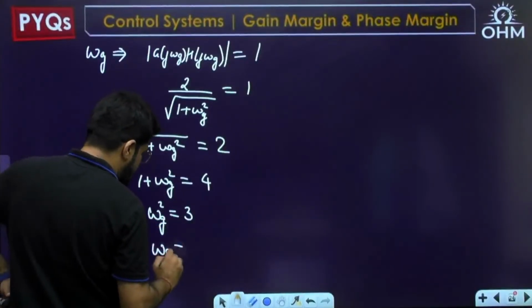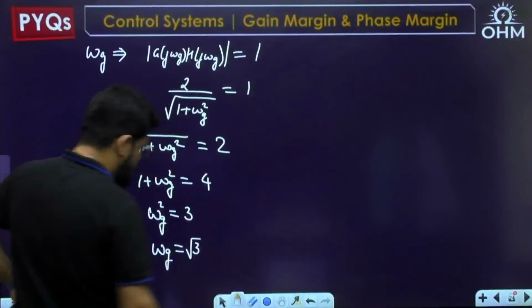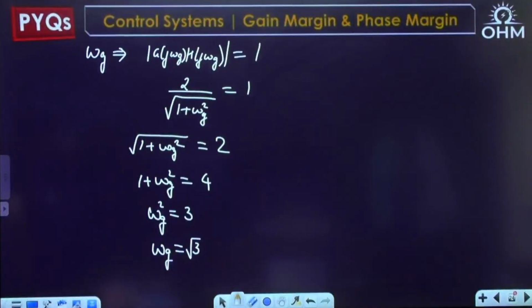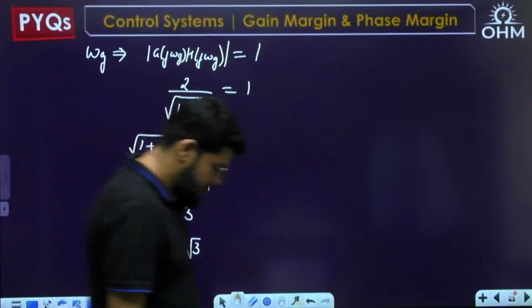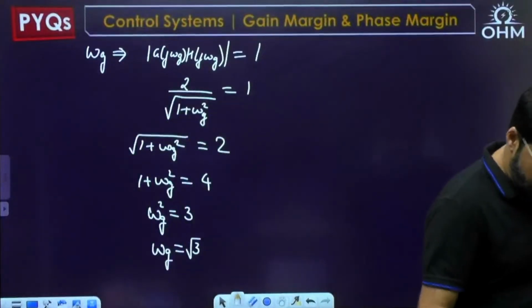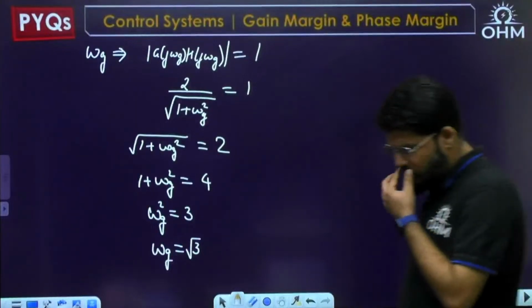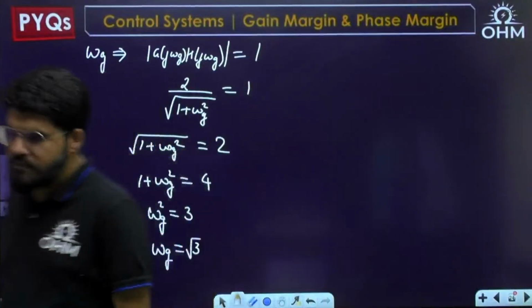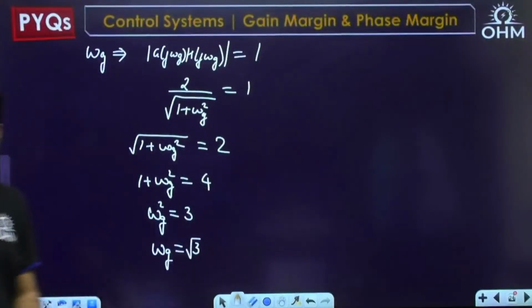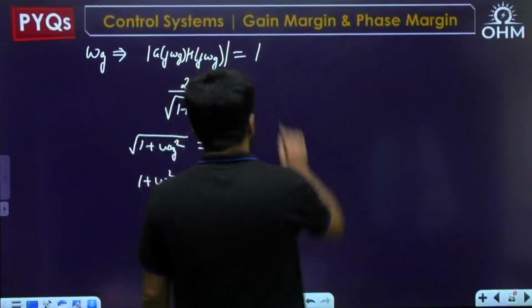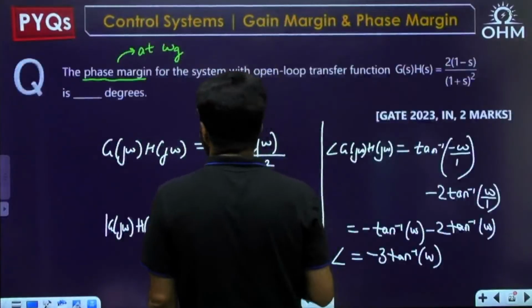That means omega is root 3. Omega g is root 3. Not omega p, Ashok, omega g.